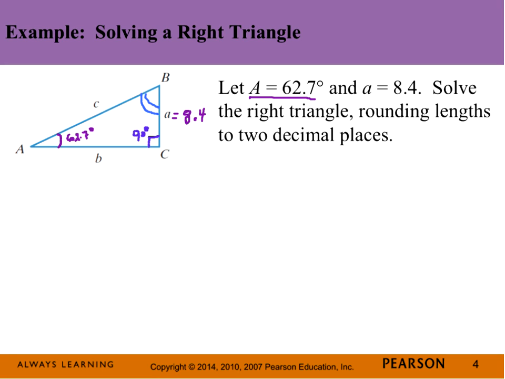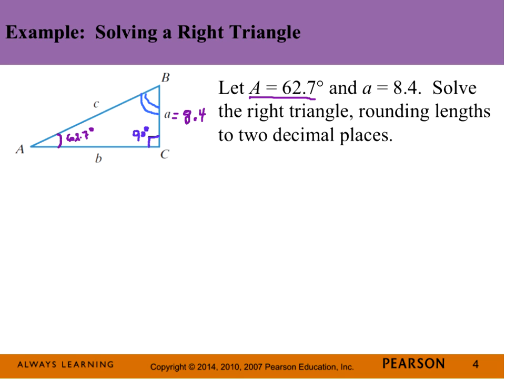If they had given a specific measurement type, I would definitely want to label it properly, but we are just given generally 8.4 there. So this is all the given information that we have. We still need to find angle B, the length of the hypotenuse, side c, and the length of side b.